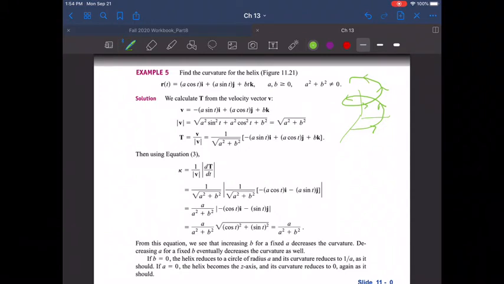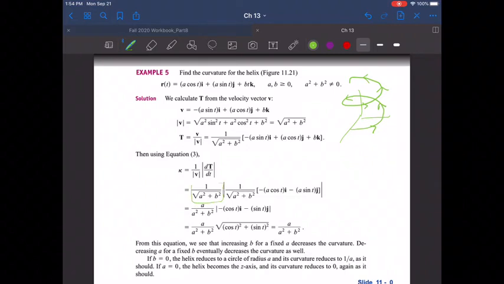And then our unit tangent is just that velocity vector divided by its own magnitude, so it's the unit velocity vector. Then from equation 3, we can find kappa, where kappa is 1 over the magnitude of the velocity vector times the magnitude of the rate of change of our tangent vector, dT/dt. And so you end up with this right here.